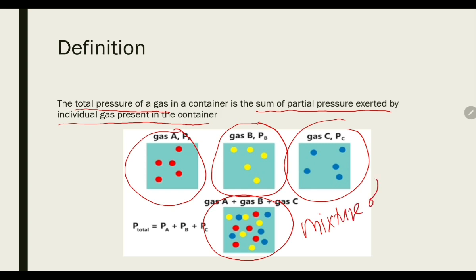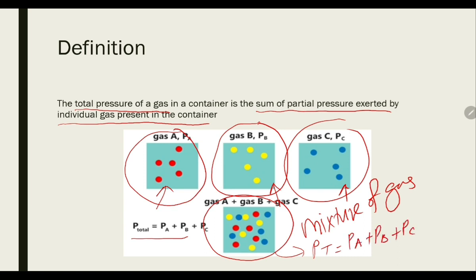This is the simplest way to understand partial pressure in Dalton's law. Total pressure is equivalent to the partial pressure of gas A, gas B, and gas C. So P total in this container equals PA plus PB plus PC.